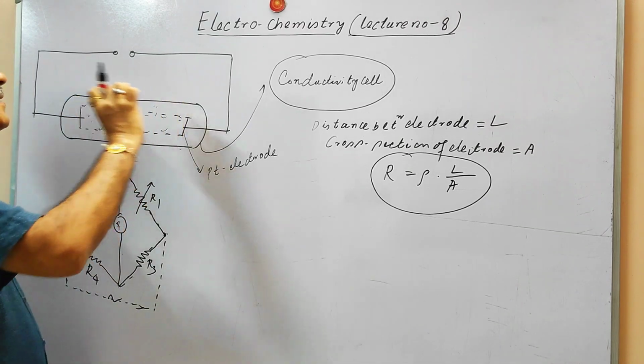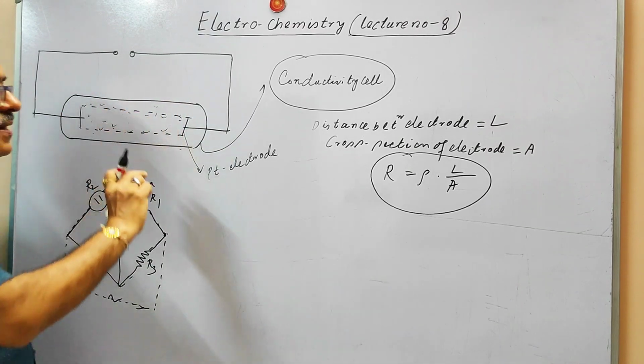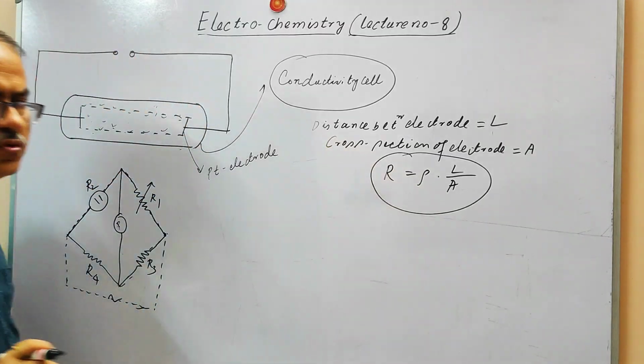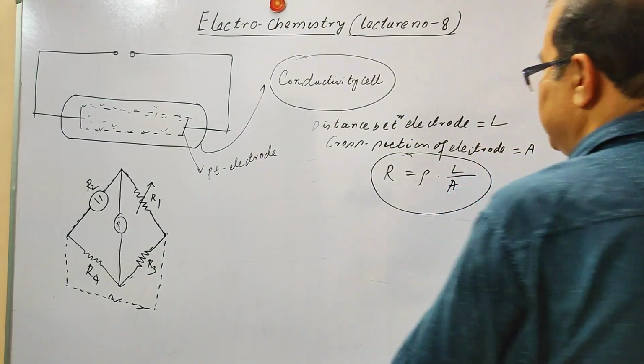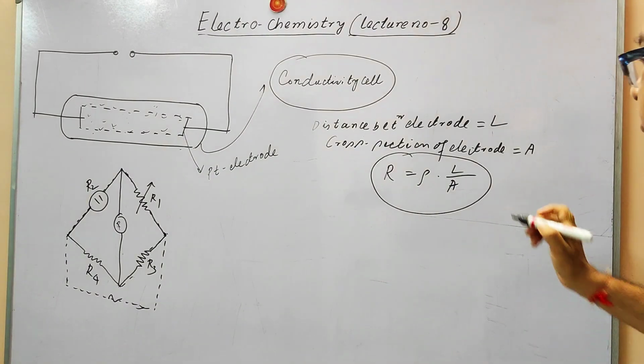Ionic solution you can understand as a liquid column, and accordingly we can understand this resistance, resistivity, length, distance between electrode and this.